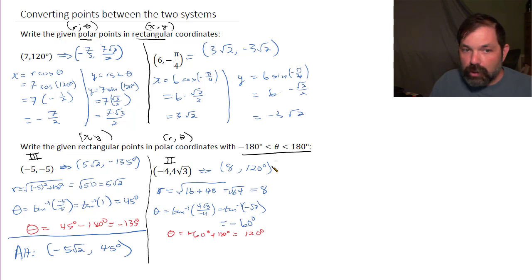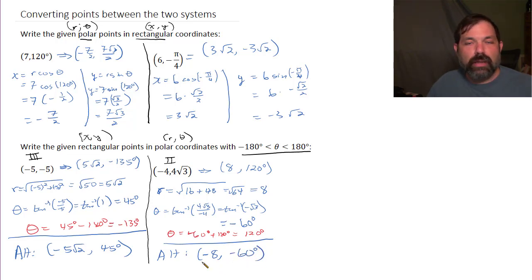That would certainly be in quadrant 2. The alternative would be to keep the negative 60 degrees and use a negative r value. So negative 8, negative 60 degrees.